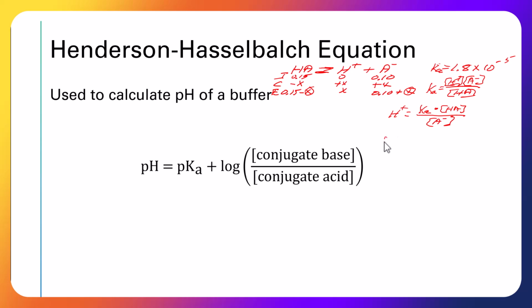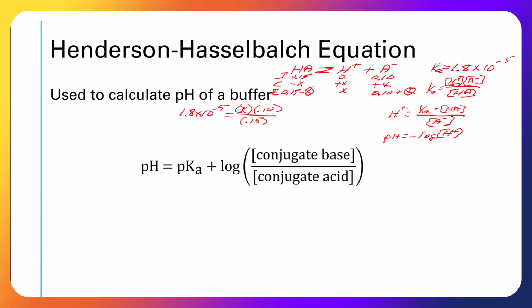So we'll go ahead and we'll solve for the pH of the solution by taking the negative log of the hydrogen ion concentration. Let me clean that up a little bit. And that's going to give us the pH. So let's go ahead and plug our numbers in. That's going to be 1.8 times 10 to the minus 5 is equal to X times the weak base concentration, which we said was 0.10, divided by the weak acid concentration, which we said was 0.15.